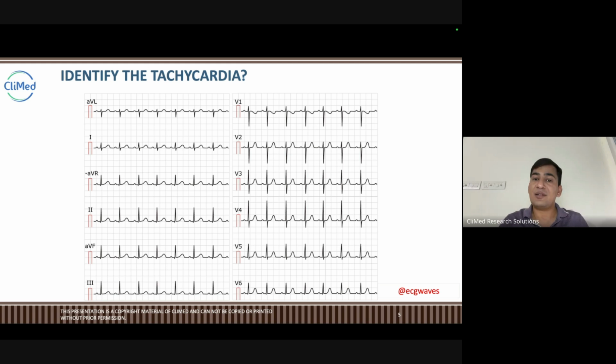The rhythm is regular. There are no ectopics. Ectopic means missing beats. First thing, heart rate is high. Then the RR interval is similar everywhere. So this is regular tachycardia.